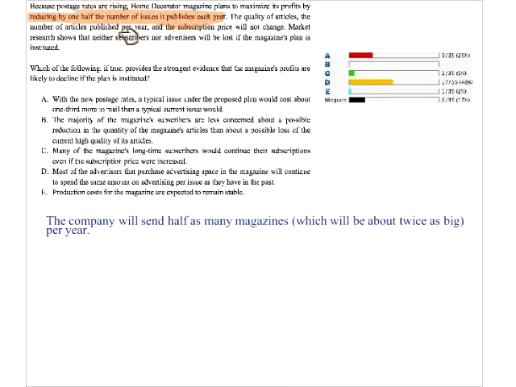We know they'll be about twice as big because they're saying the number of articles will not change, which means that there will have to be twice as many articles in each magazine. Well, maybe not twice as physically big, with twice as many articles is the best way to say that.